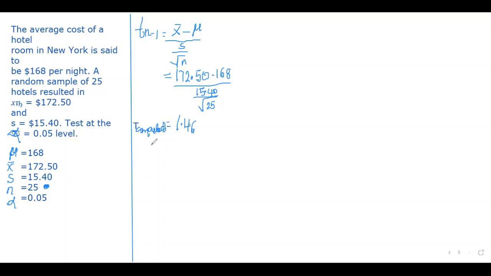Now let's look at the T critical. Now I forgot something, let's come back to it. Let's formulate the hypothesis. For H0, mu is equal to 168, because they are saying the average cost of a hotel room in New York is said to be 168.